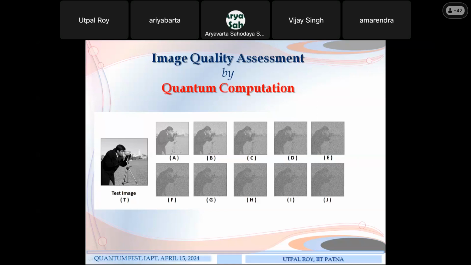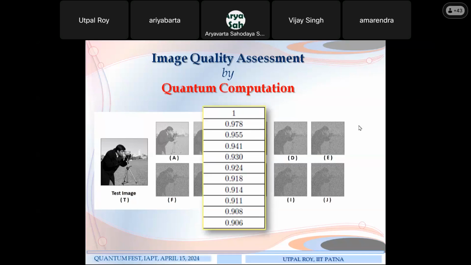The circuit which I have given in the previous slide can actually perform a task where you can differentiate these images and have a ranking of the images, starting from the similarity which is 1, which one is nearer. So this is the nearest, where you have 1, and then you can have this dissimilarity, like if it goes away from 1, then they are not similar.